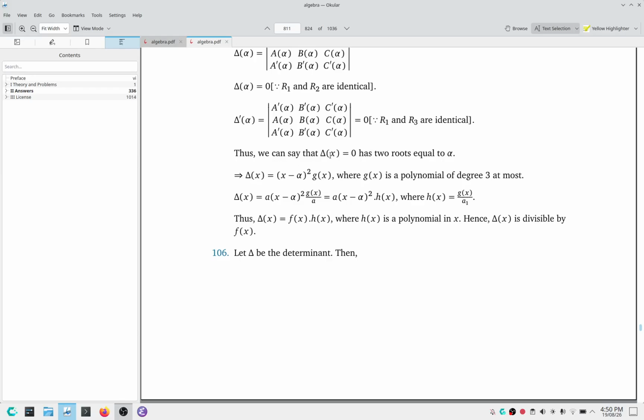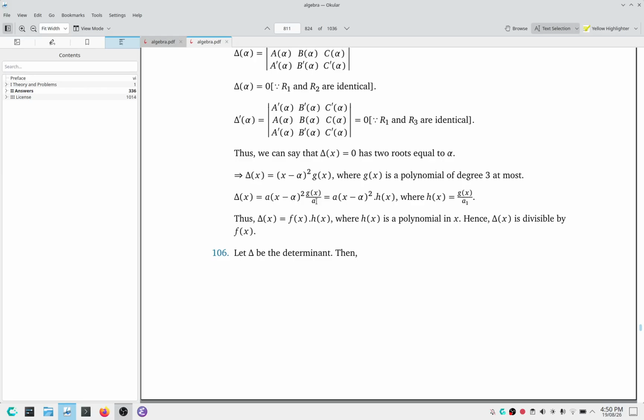And thus we can say that delta of x is equal to 0 has two roots equal to alpha. So delta x is equal to x minus alpha whole square g of x, where g of x is a polynomial of third degree at most. So now delta x is equal to a times x minus alpha whole square g of x upon a.